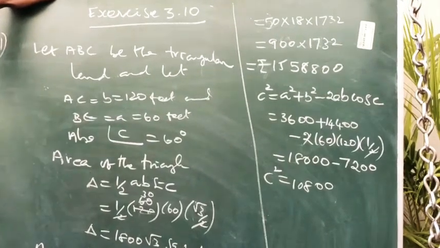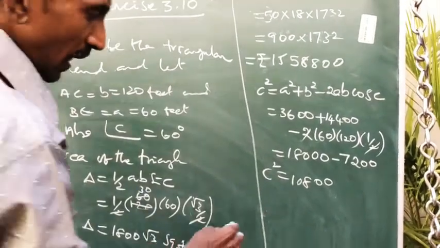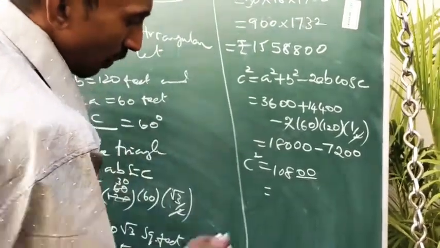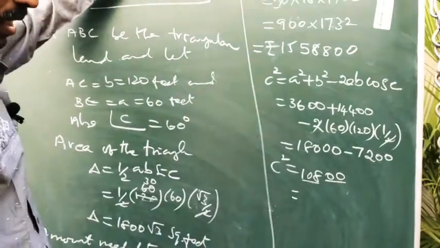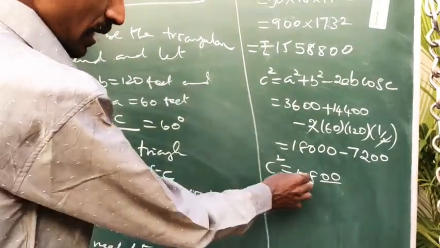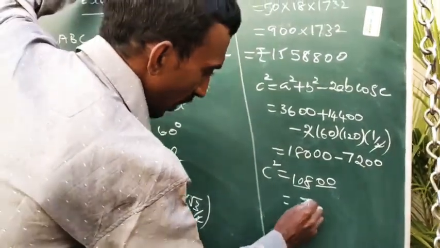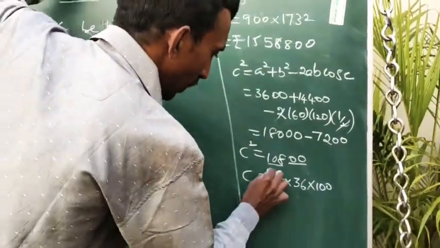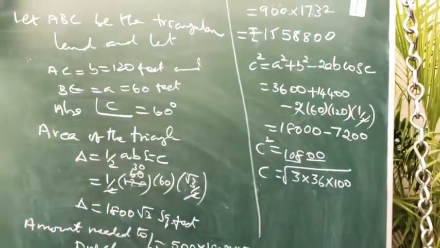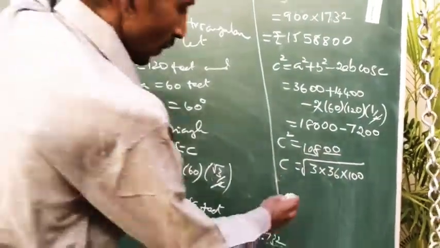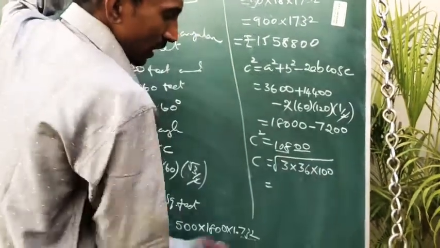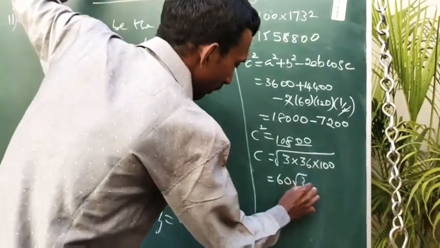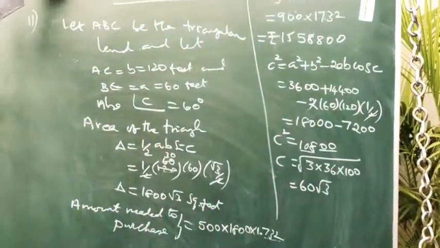We can write this as 3 into 36 into 100, since 3 times 36 is 108. So C equals the square root of 3 into 36 into 100. The square root of 36 is 6, and of 100 is 10. So C equals 60 root 3.